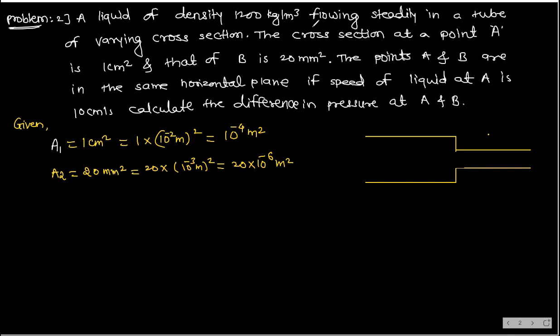Yes, sir. No. So shall I take this point as A1 or A point? Yes. And I am taking here this point as B. Now here you have, let us suppose, velocity V1, area of cross section A1, point A. This is velocity V2 and area of cross section is what? A2. Yes, no?